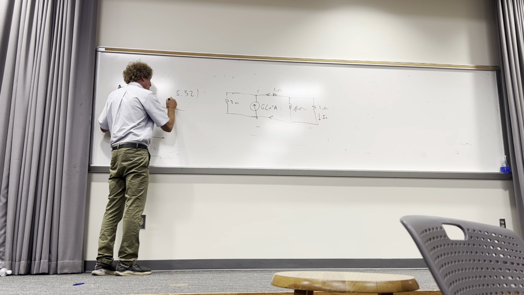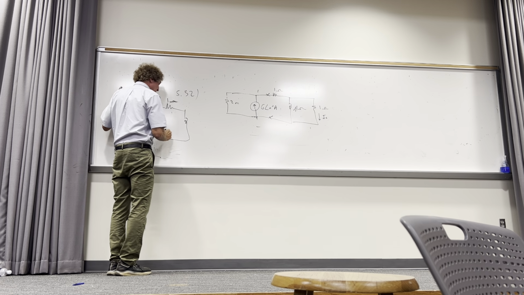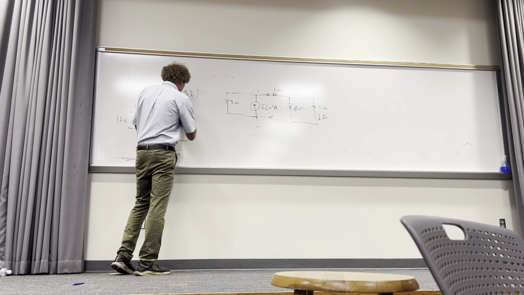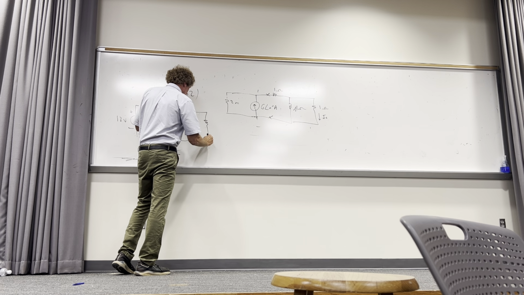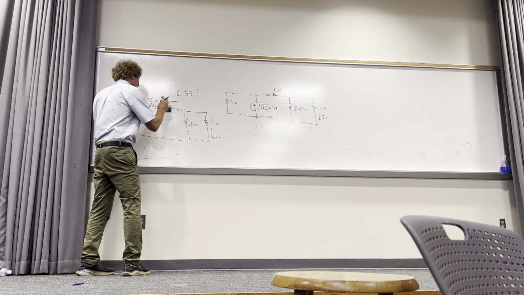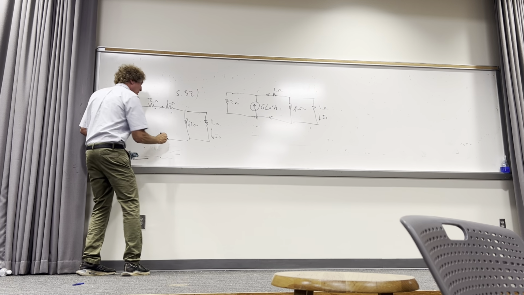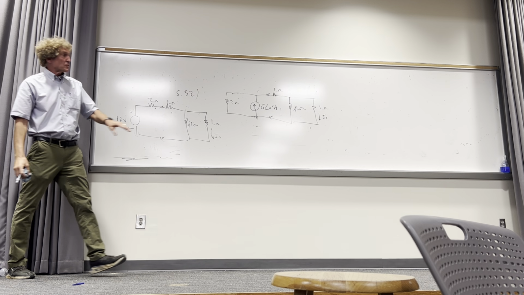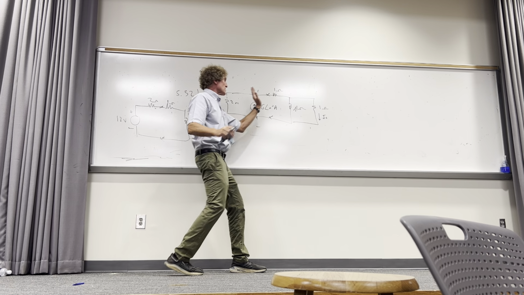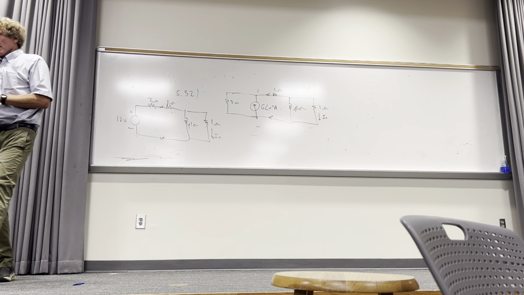This is 1 ohm. And then you have, now I'm going to ask a question here in a second. Can you all see how I simply took this part of the circuit and connected it to the series resistance and series voltage?